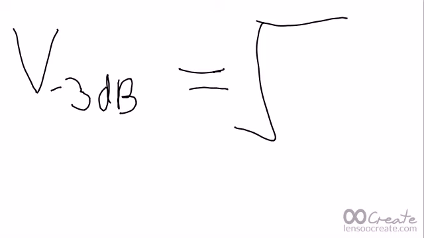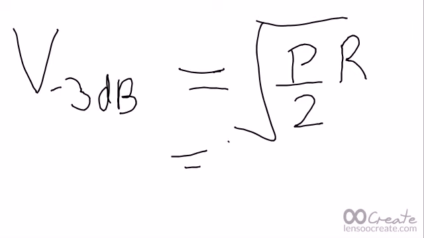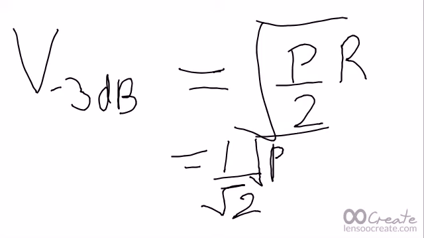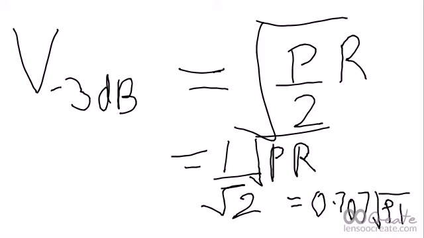You know that at minus 3 dB frequency the power delivered to the load is reduced to half. So P by 2 R, or you can write 1 by under root 2 under root PR. 1 by under root 2 is 0.707 under root PR.